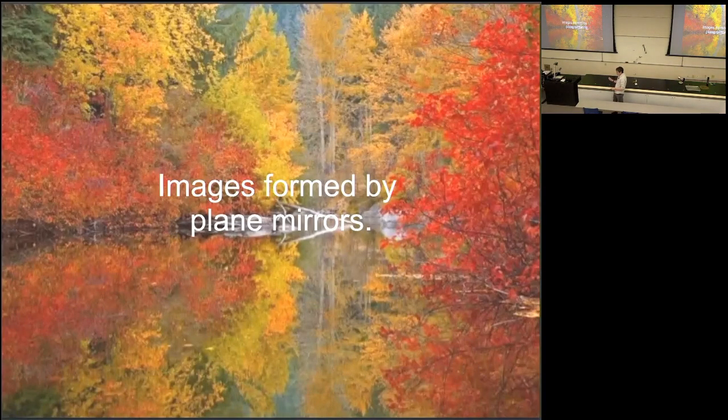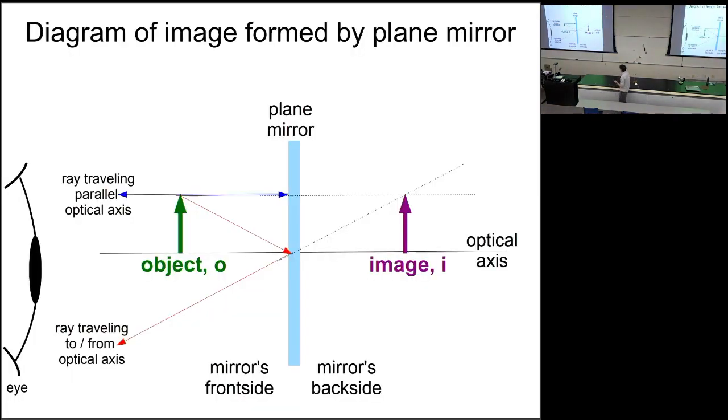Okay, so let's start with planar mirrors, flat mirrors, and then we'll move on to curved mirrors, convex, concave mirrors. So here's a diagram of reflection from a plane mirror. This is how we would draw reflection of light from a plane mirror using our law of reflection.